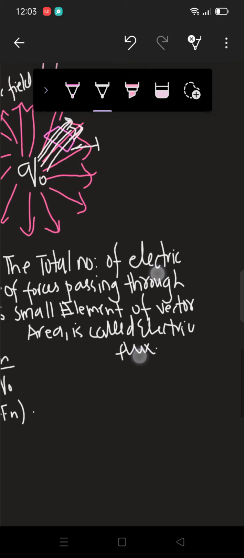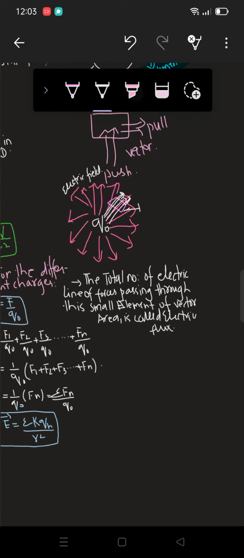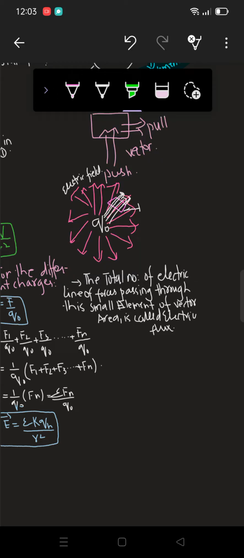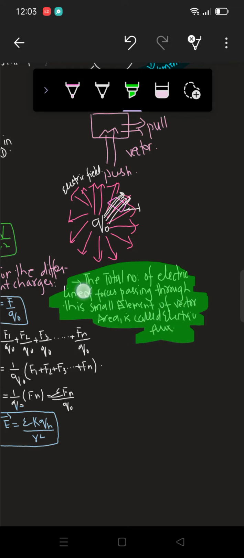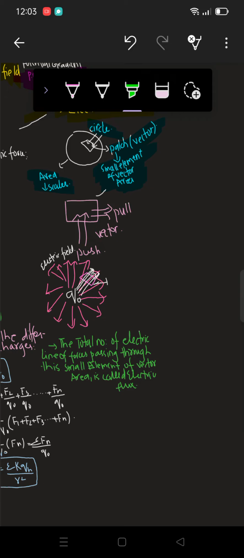So why am I calling it a small element of vector area? Since I've already told you this is a vector, it will have a direction, either the pushing direction or the pulling direction. That's why I have called it a small element of vector area. So the number of electric force lines passing through this small element of vector area is what we call electric flux.